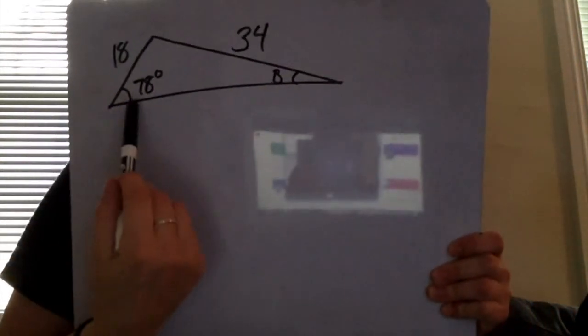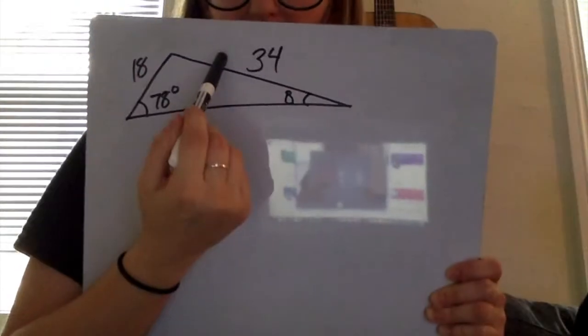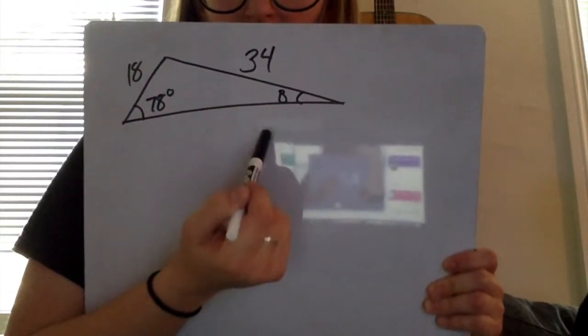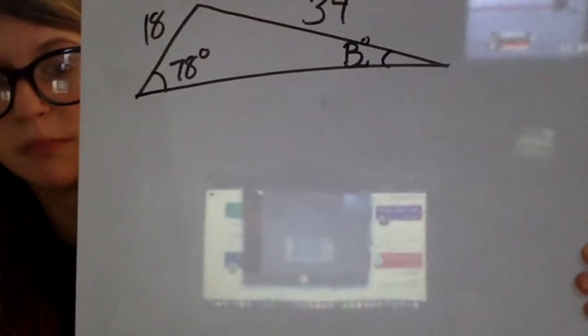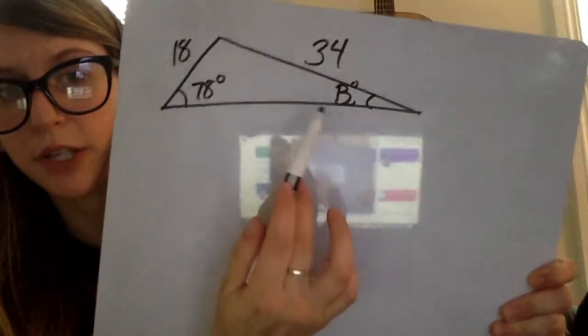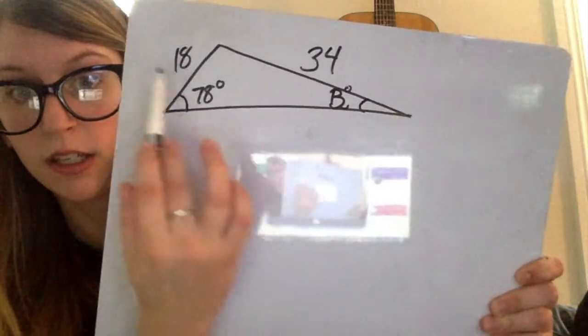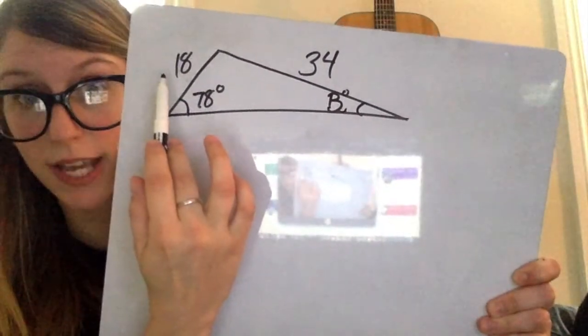I have 78 here. Directly across from that is 34. That's a side length. This is not an 8, this is a B. I do want to keep it B so that the formula makes sense. Maybe if I put B degrees, maybe that'll help. B degrees, great. And directly across from the angle B is the side length B, which is 18.